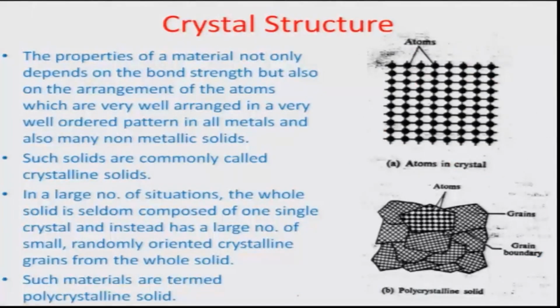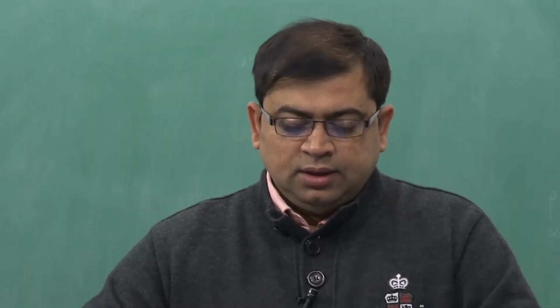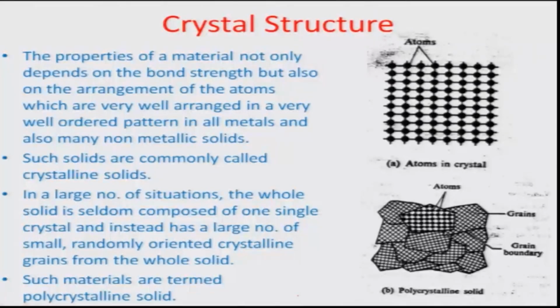And typically, when we talk about metallic systems, the atoms formulate certain organized patterns, and you can call it that this arrangement of atoms is really a long range order, and such systems are also known as crystals. Okay.